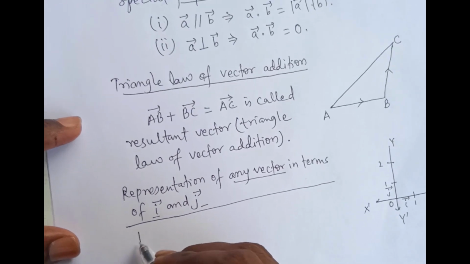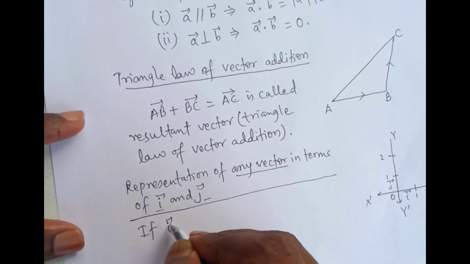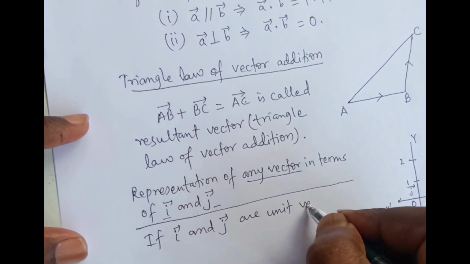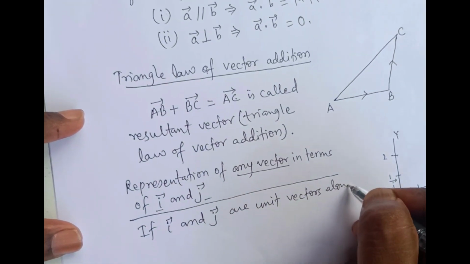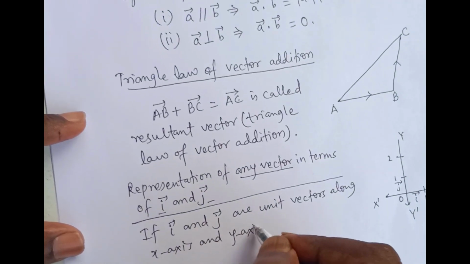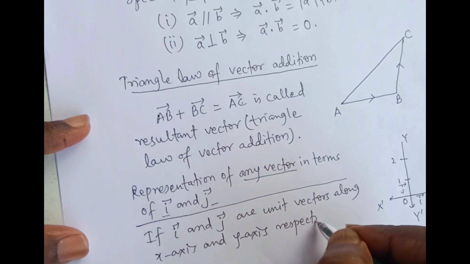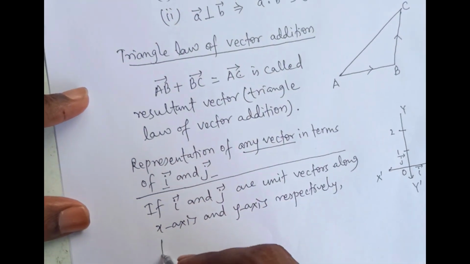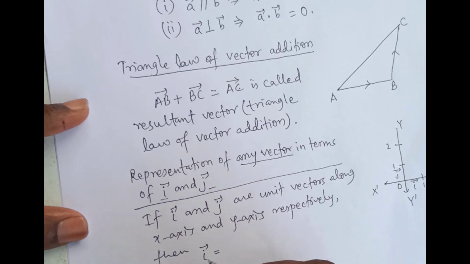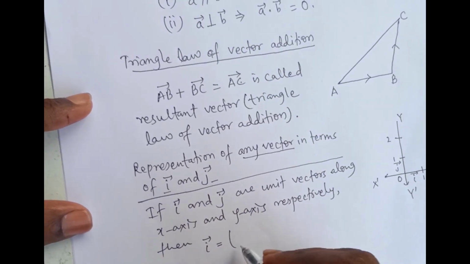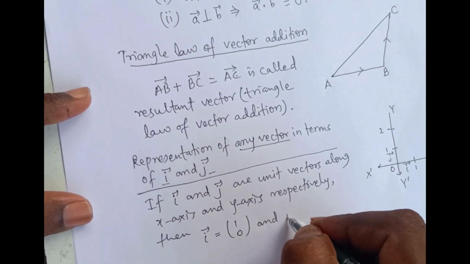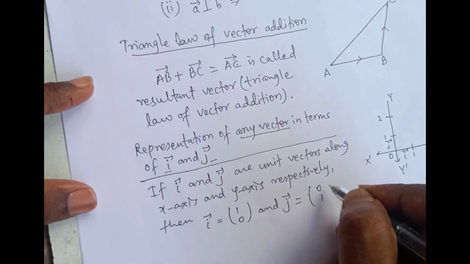Let us see. If i and j are unit vectors along the x-axis and y-axis respectively, then i vector is a unit vector along the x-axis, so we can write 1 0 in column form, and j vector is equal to 0 1 in column form.